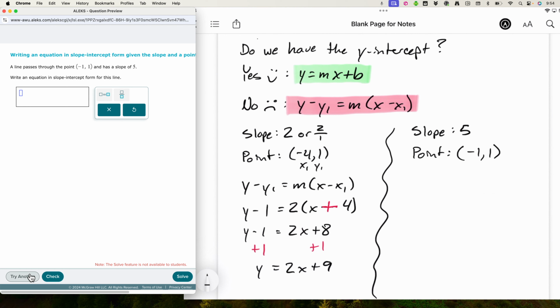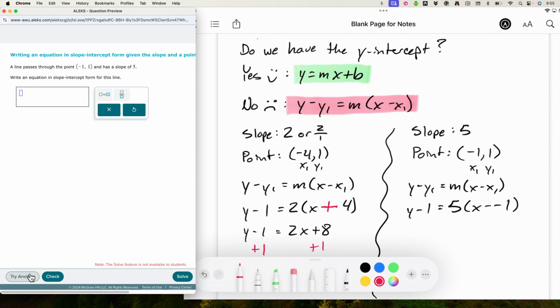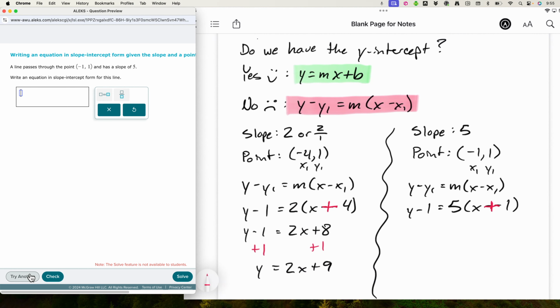So we recognize we have to do point slope form, so x1, y1 are going to be what we will name those points. We've got y minus y1 is equal to m times x minus x1. So y minus y1 is 1, slope is 5, x minus x1 is negative 1. So y minus 1 is equal to 5x plus 5.